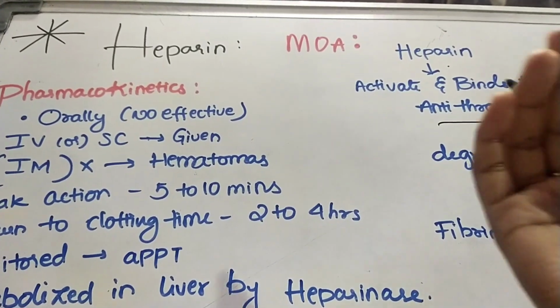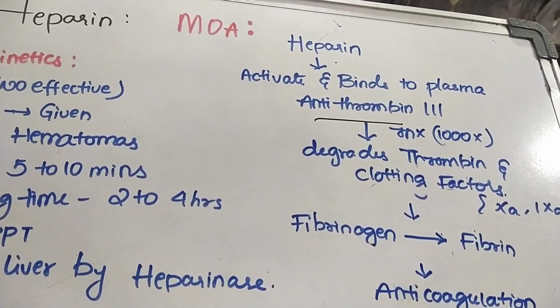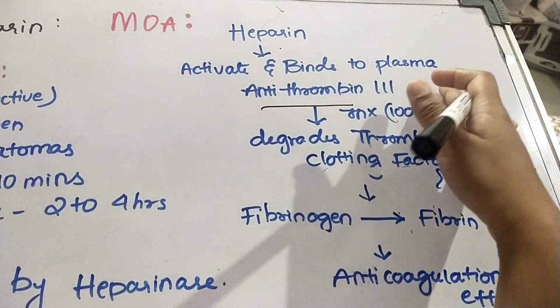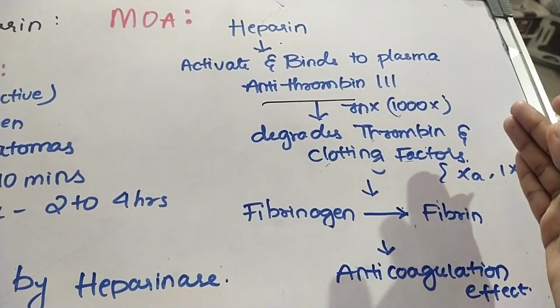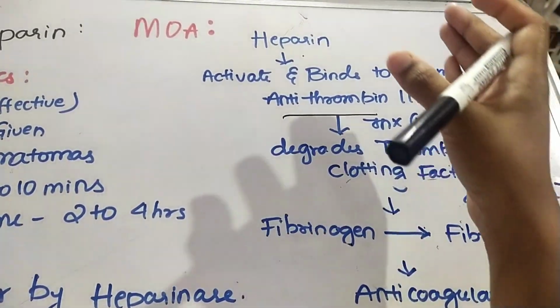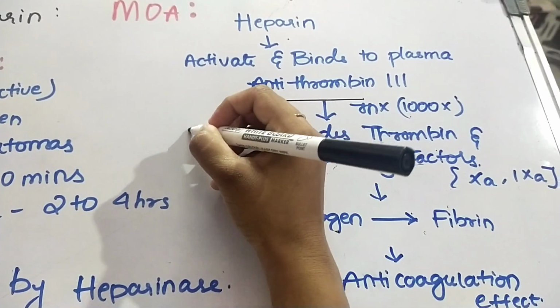We'll be discussing heparin in detail. Regarding the mechanism of action of heparin, normally we have plasma antithrombin 3, which degrades the action of thrombin and clotting factors. But when heparin binds to plasma antithrombin 3, it makes a complex.